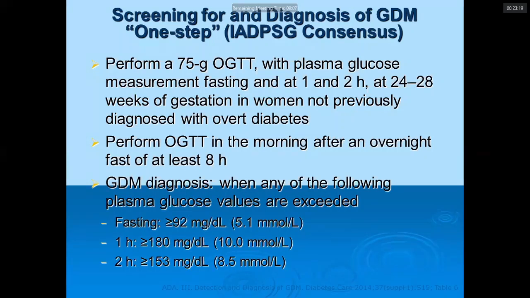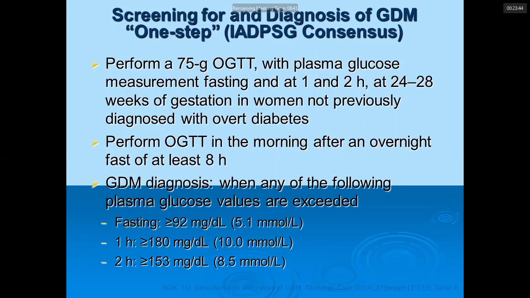Gestational diabetes mellitus is diagnosed when any of the following plasma glucose values are exceeded. Fasting more than 92 milligram, but in a non-pregnant lady the fasting is more than 126. 1 hour after glucose challenge more than 180 milligram, 10 millimole.